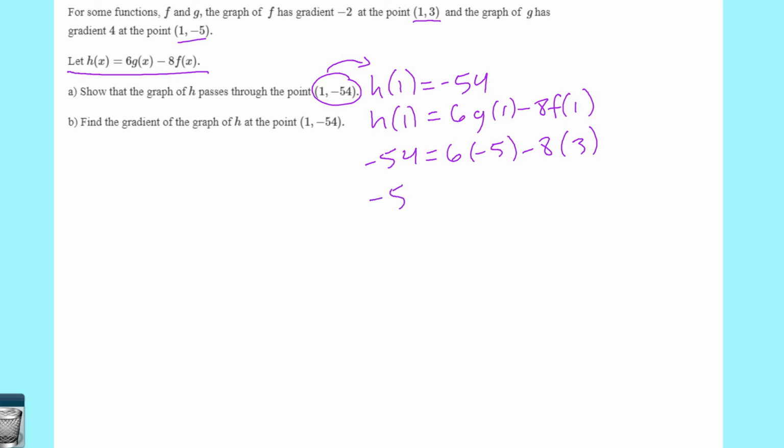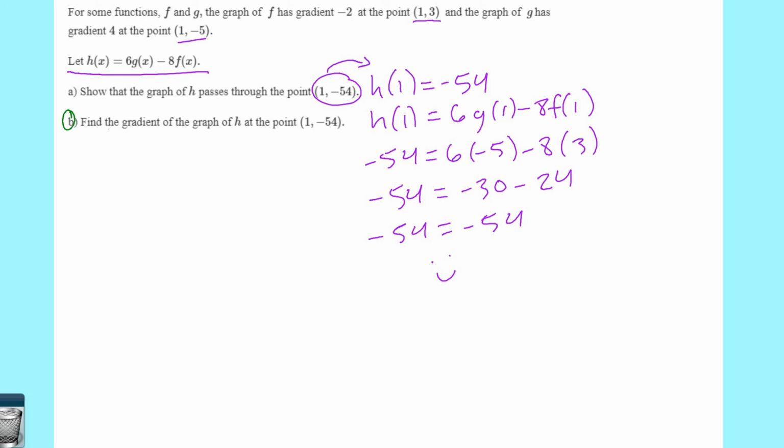So is negative 54 equal to negative 30 minus 24? There you have it. We've proved it. Perfect. Alright, let's do the next one.